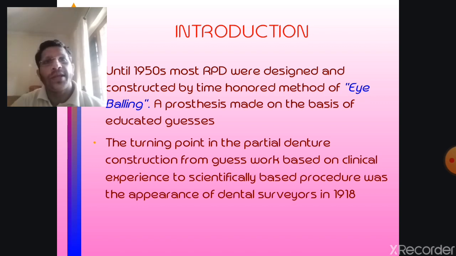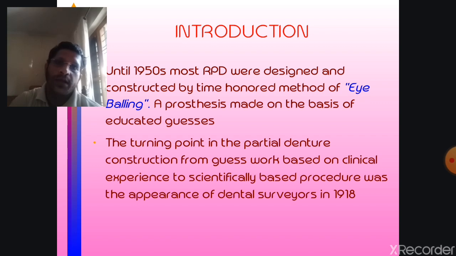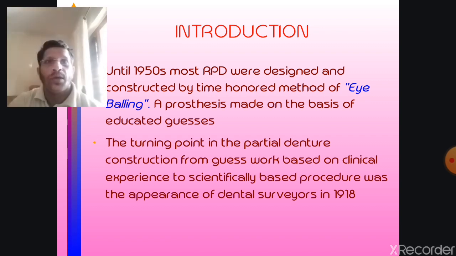So surveying is a very crucial step in the removable dental prosthesis. Dr. A.J. Fortunati was the one who first introduced the surveyor in dentistry, and it was the Ney Surveying Company which invented the first dental surveyor.